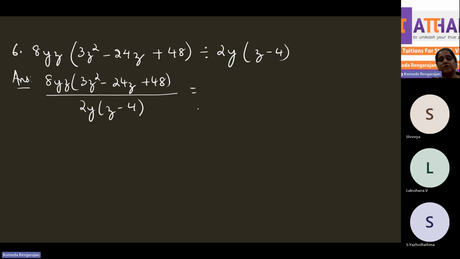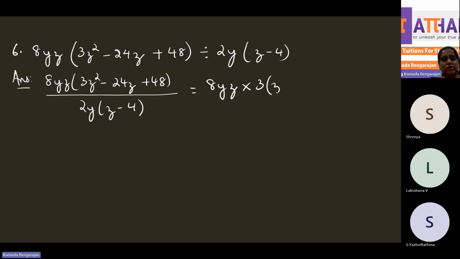All right. So again, in the numerator, you can see that in the expression in the bracket, 3z square minus 24z plus 48, among the numbers 3, 24 and 48, 3 is the HCF. So we'll have to bring out 3. 3 is the HCF of the 3 terms there. So write 8yz into 3 is common.